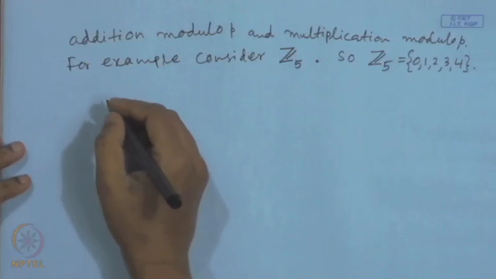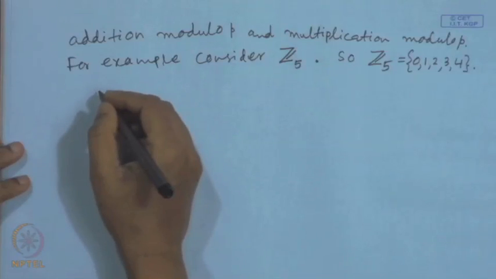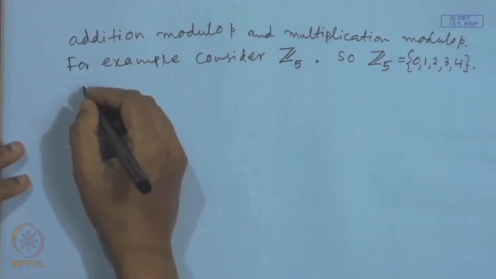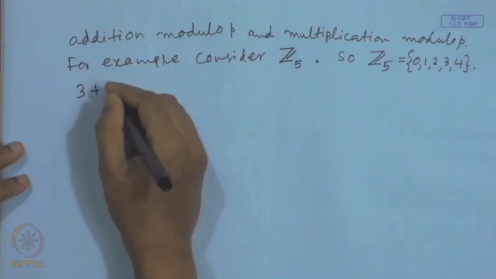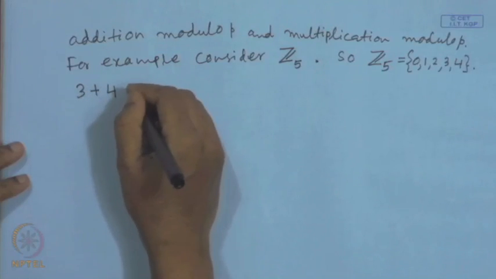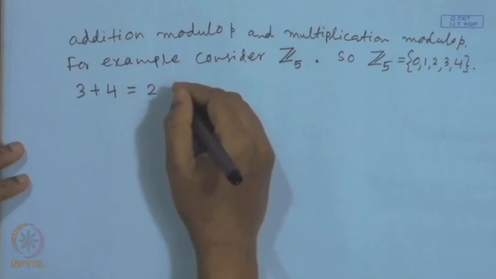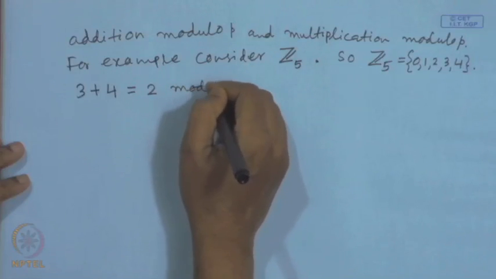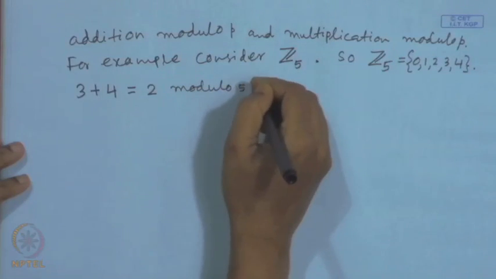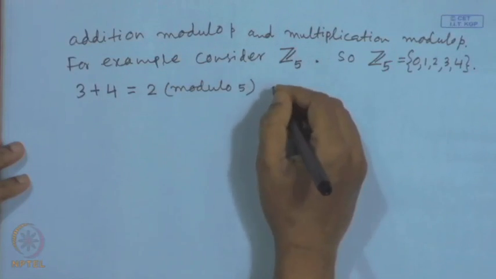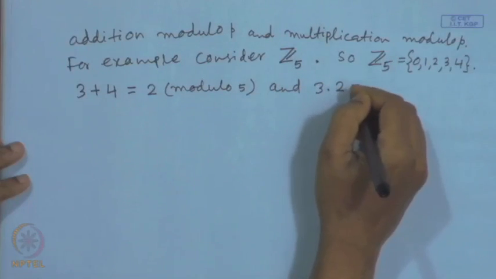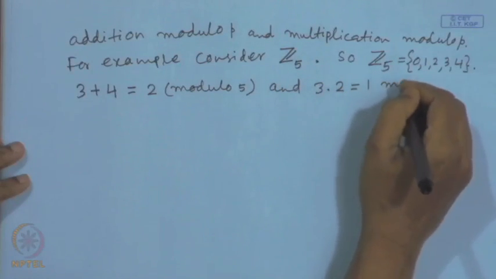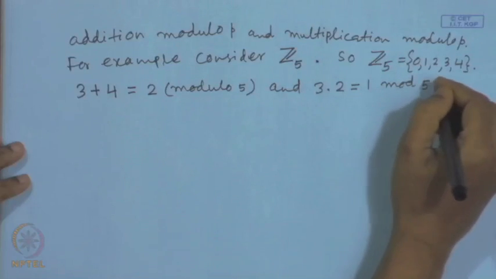Here on Z5 the addition modulo 5 operation is like this: 3 plus 4 is equal to 2 modulo 5, and 3 into 2 is equal to 1 modulo 5.